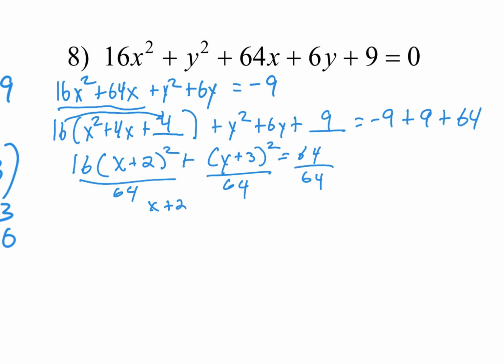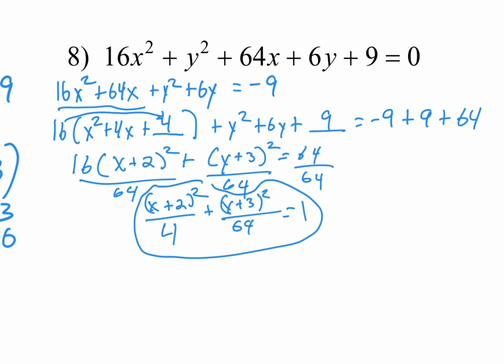So you get (x plus 2) squared over 4 plus (y plus 3) squared over 64 equals 1. That's 64 because 16 times 4. Remember, you distributed all this stuff. That then is your solution.